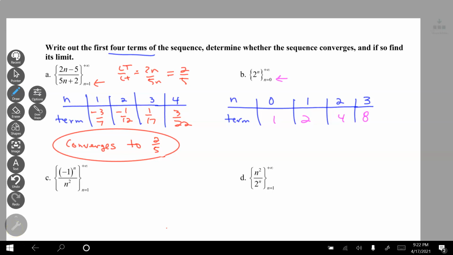This next one I had to start at n equals 0 because it says here on the bottom. I put it in. It's just 2 to the n. It was really easy to do even without a calculator, and I can see these are growing forever. But even if I did leading term over leading term, it'd be 2 to the n over 1. When the numerator dominates, this will diverge. And I think you can see that it diverges.